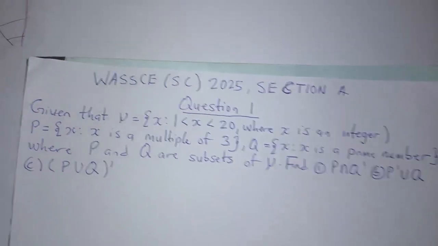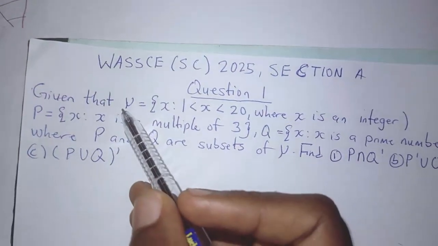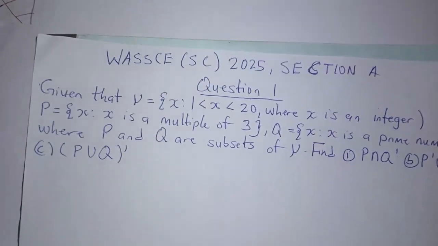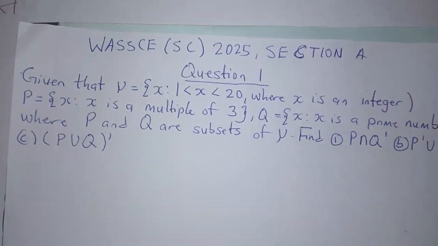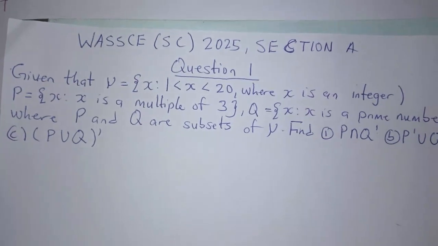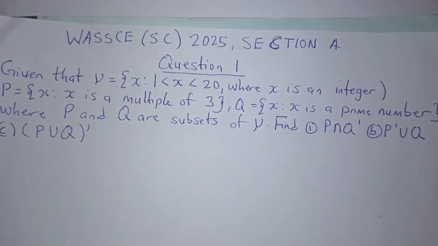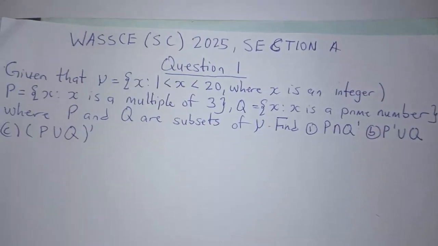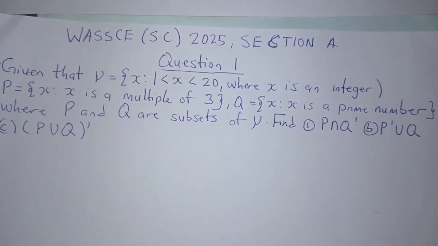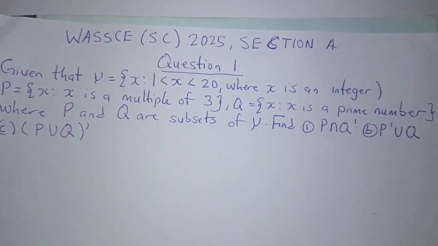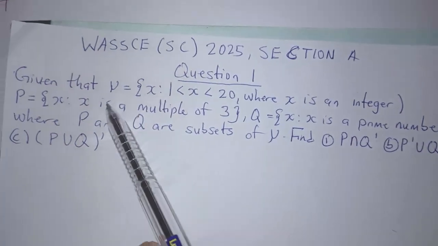So basically, this term I called mu is usually used to represent universal sets. I believe people listening to this video are not that new to sets. And even if you are new, what we call a universal set is just a set from which we obtain all these other sets.